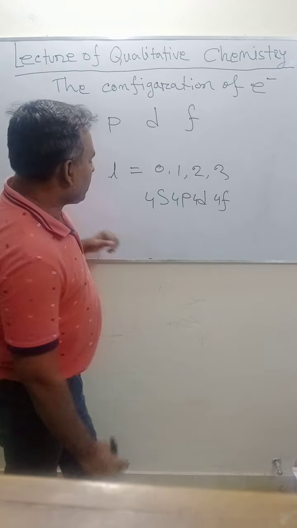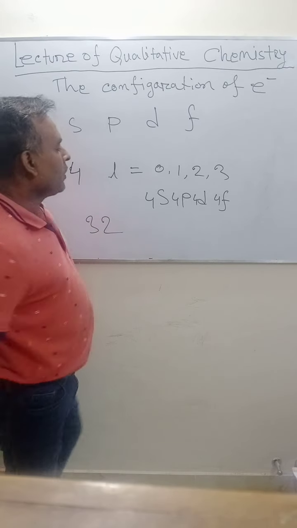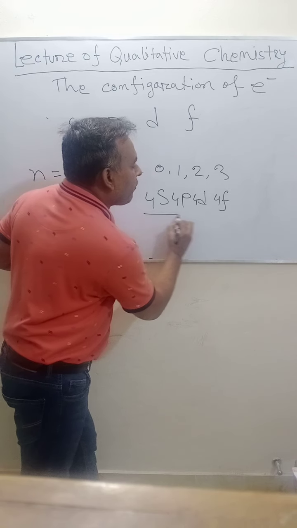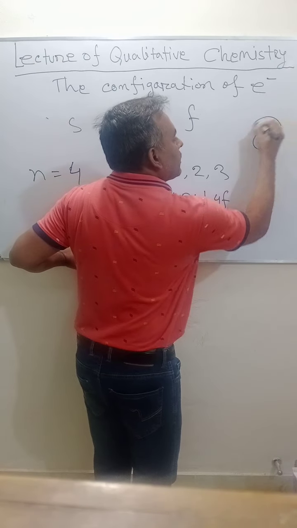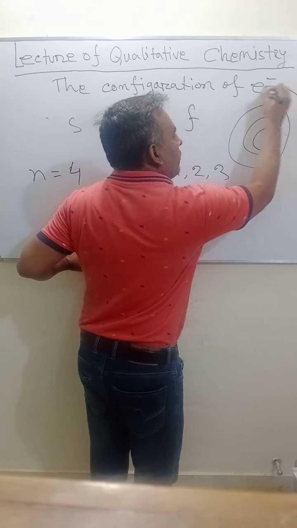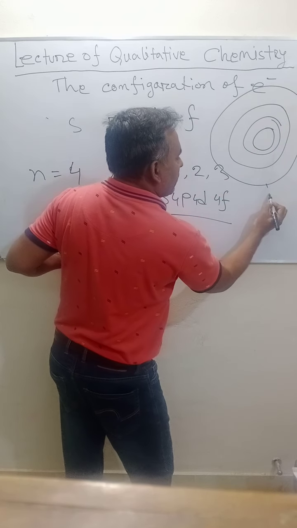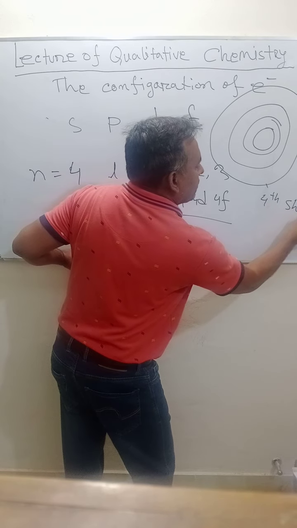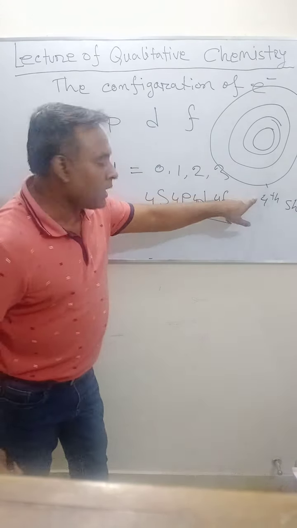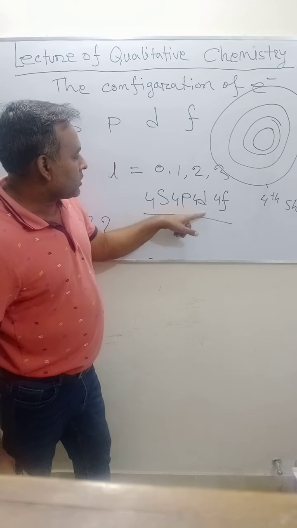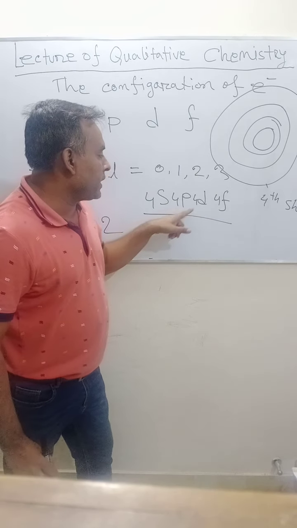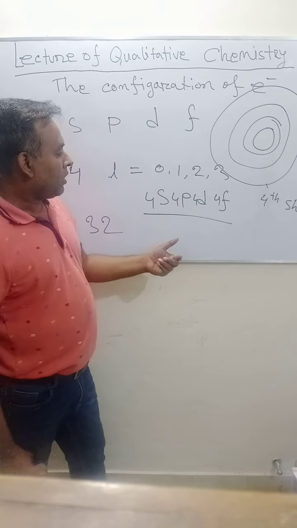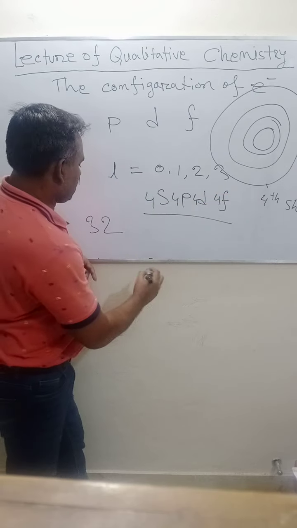So when you have 32 electrons, where will the electron enter first? This is the fourth shell, and this fourth shell has the four S, P, D, F subshells.